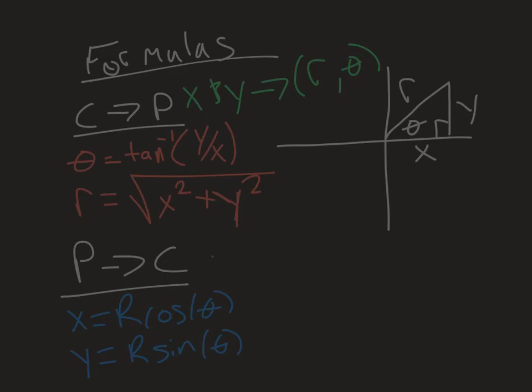I'd be given my r and my theta, and I want to know what x and y are. So if you need to pause, write these formulas down, feel free to do so here. I'll go through a couple of examples immediately after this to show you both ways of doing it.